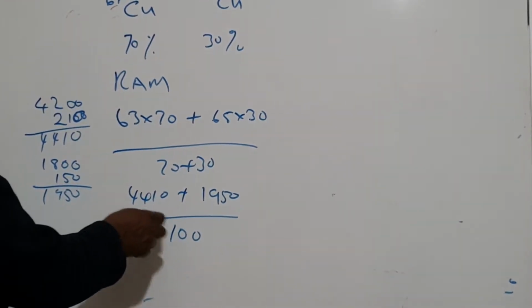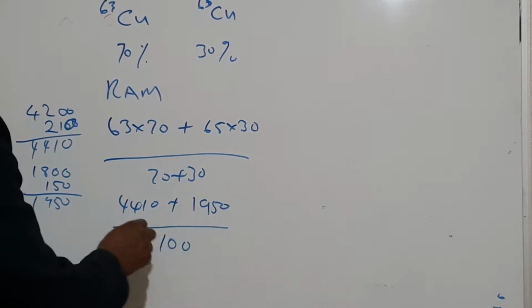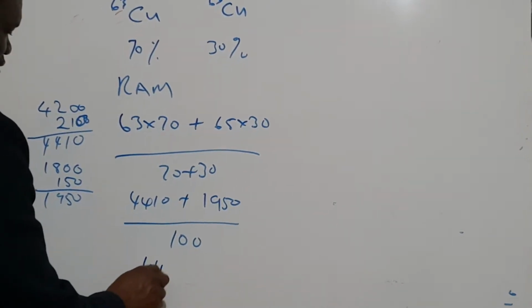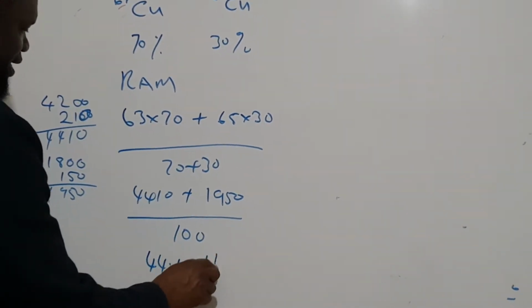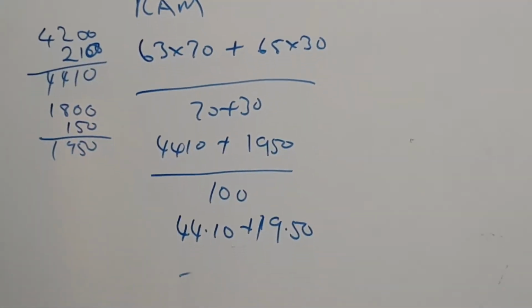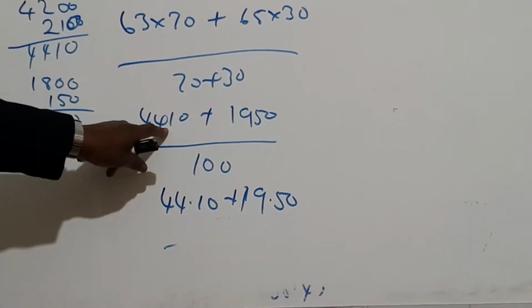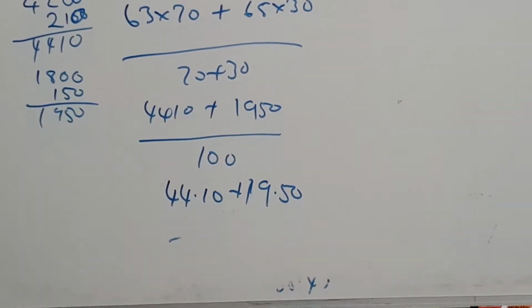So basically, it's just like saying 44.1 plus 19.5. Quick mathematics, how do I get that? You divide everything by 100, isn't it?